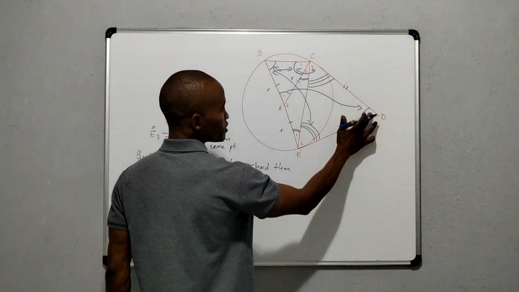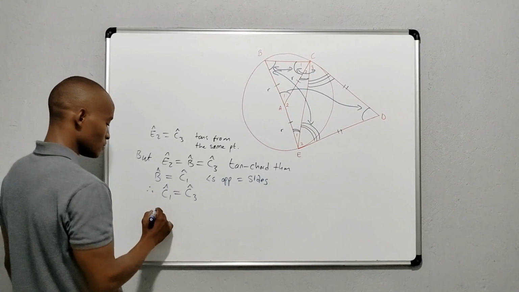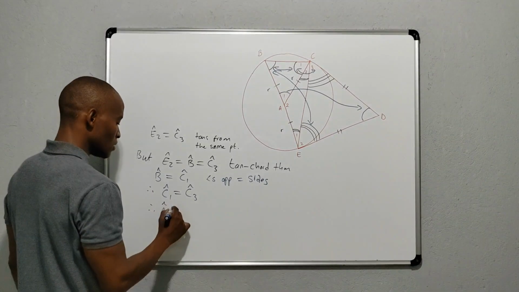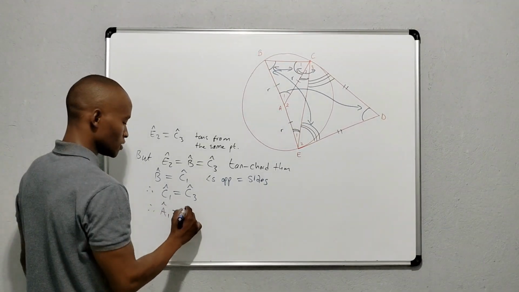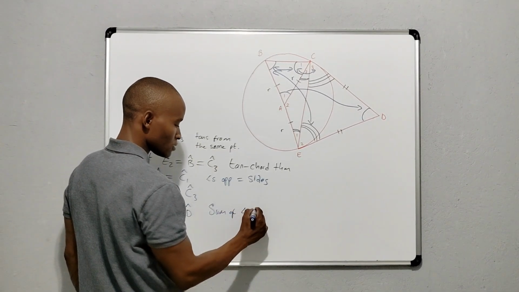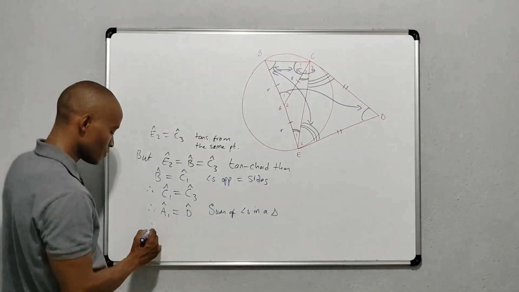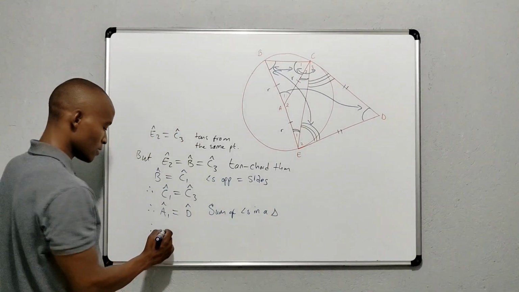Angle A1 is equal to angle D by sum of angles in a triangle. Therefore we can conclude and write the last line.